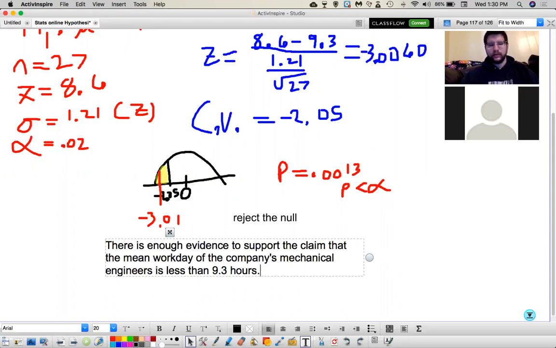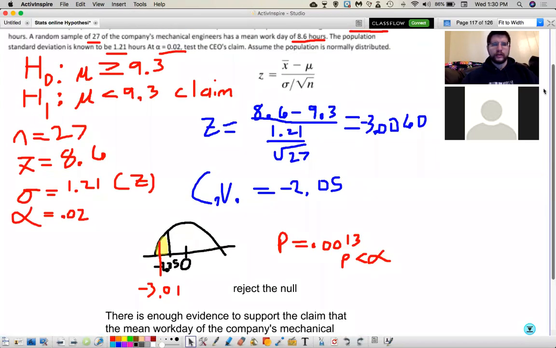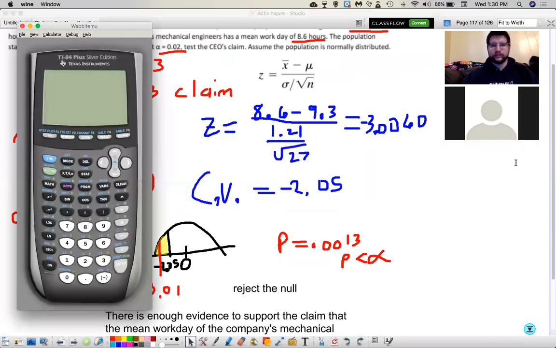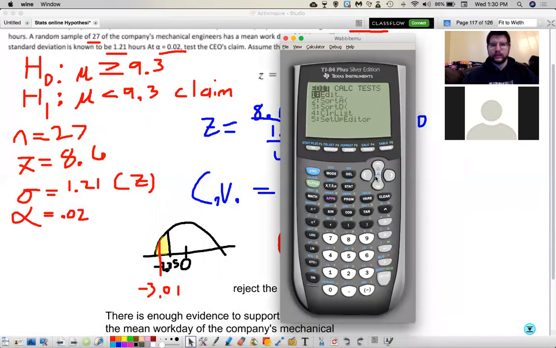If you do have a TI, all you need to do is type this information into your Z test. So TI users, here you go. I won't do this every time, but I'll do it this time. Stat, test, this is Z test. We've got stats.